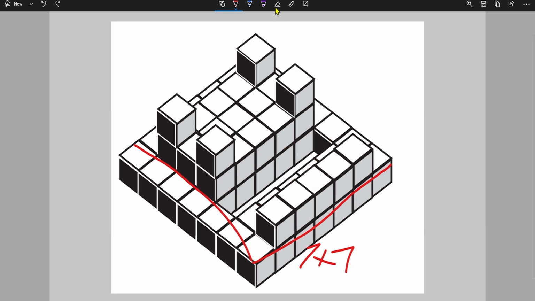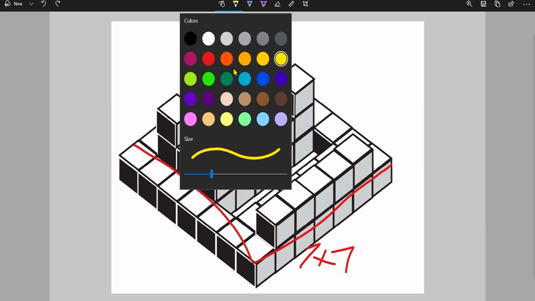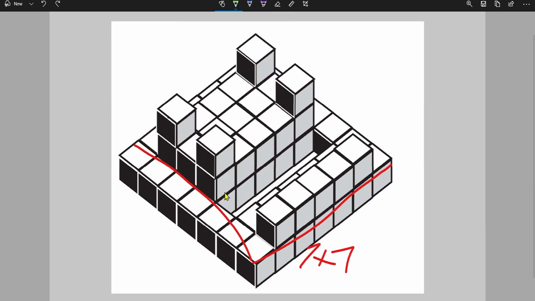So this hollowed out is a total of 1, 2, 3, 4, 5, and 5 of only one row. So that's 5 into 1, so 5. So 5 are hollowed out, and 7 by 7, this is all of your first bottom layer.